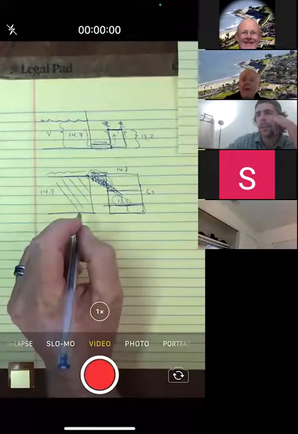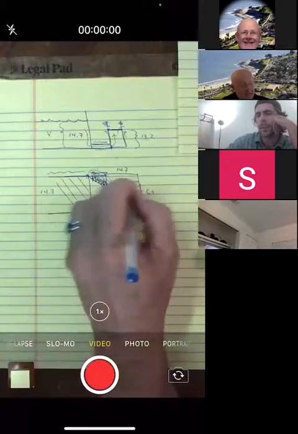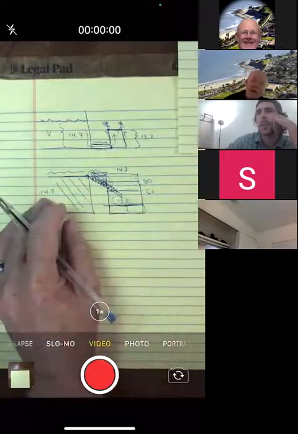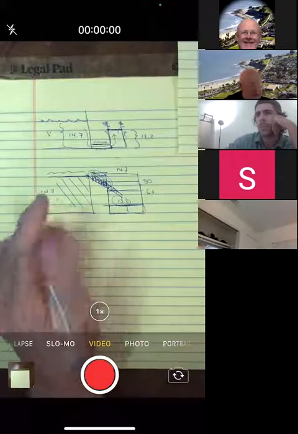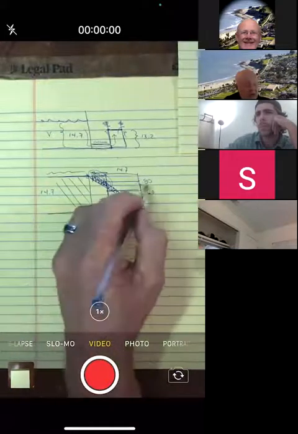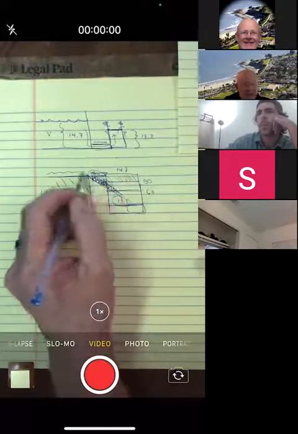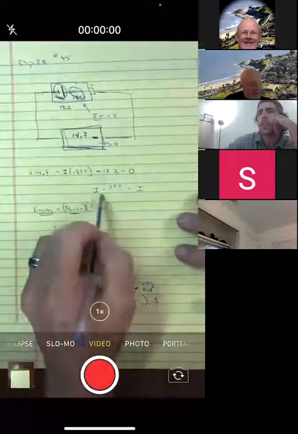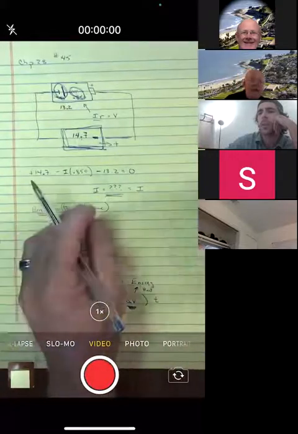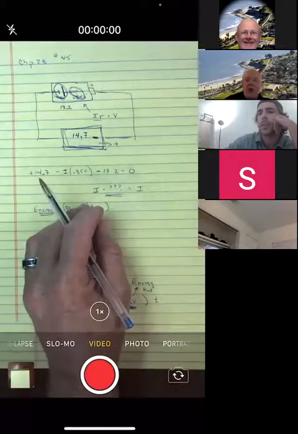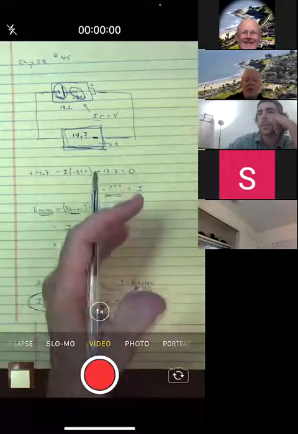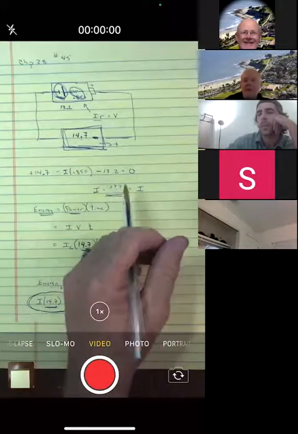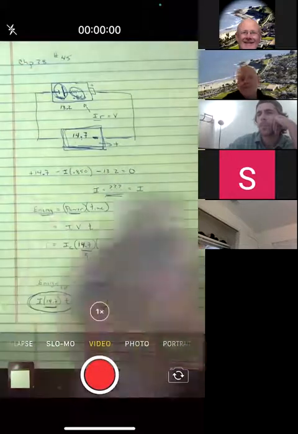Actually 80%, it gets charged back to 80% pretty quick because there's a huge difference. But once you get to 80%, that difference is very little. And so the rate at which it's charging is really slow. So it takes a long time to go from 80% to 100%, and it doesn't get hot on you.